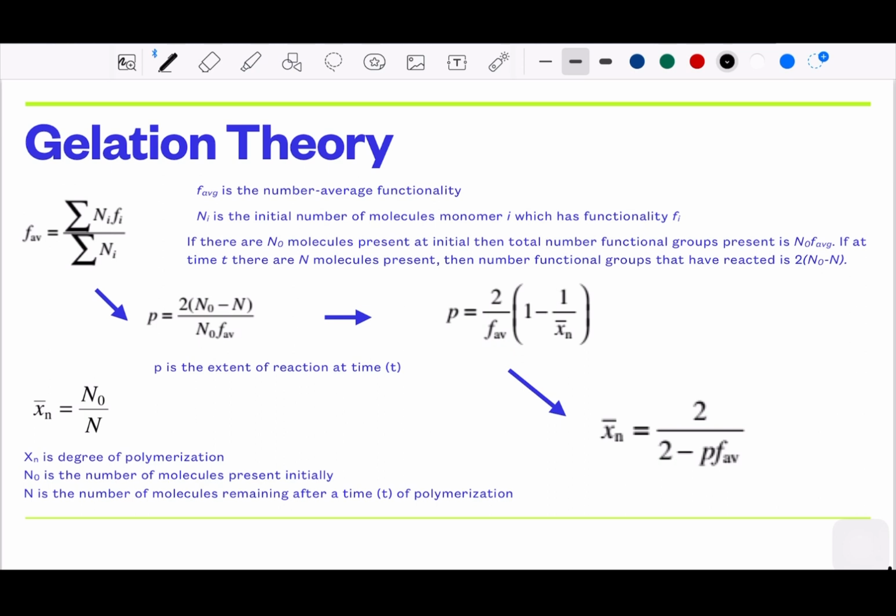This is the same as we mentioned before. If at time t there are N molecules present, then the number of functional groups that have reacted is 2, because this 2 is at least two different molecules.